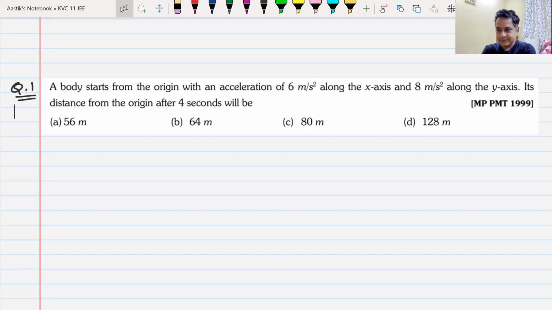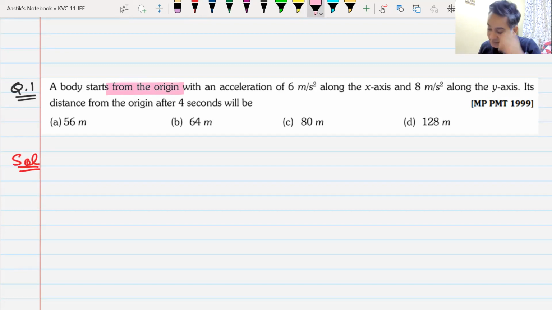No. It's not motion in 2D. This is simple motion in 1 dimension. Anyways, a particle starts from origin.